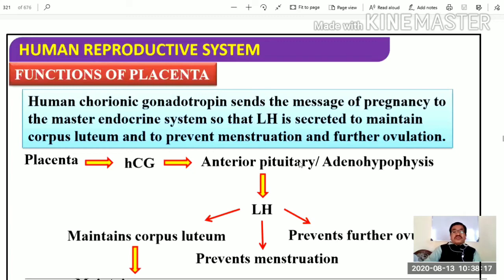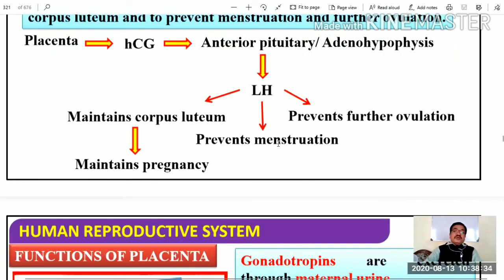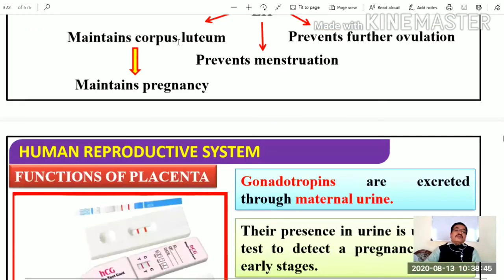So LH also maintains the corpus luteum and prevents further ovulation. It prevents menstruation also; the menstrual cycles totally stop, and it maintains the pregnancy by the corpus luteum. So the corpus luteum is very important to maintain the pregnancy.